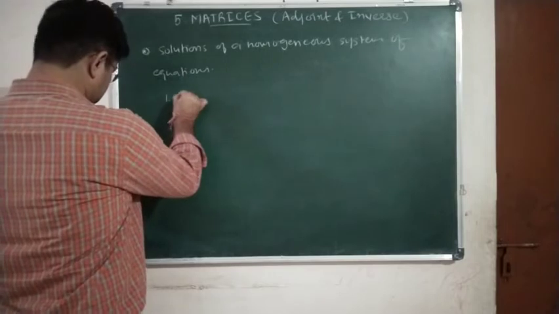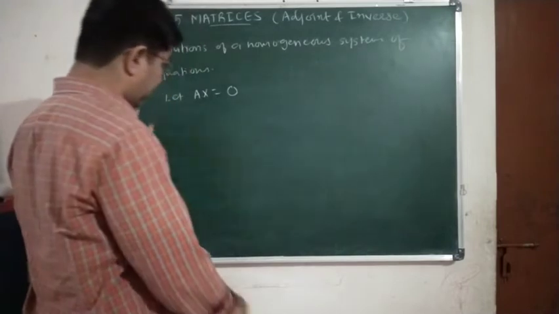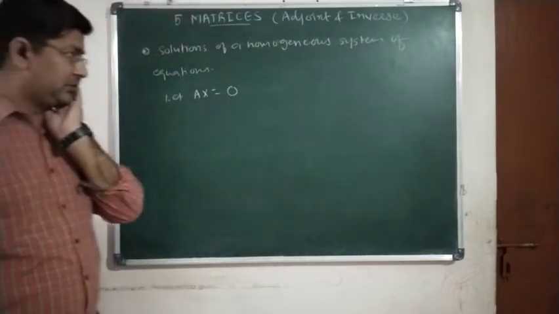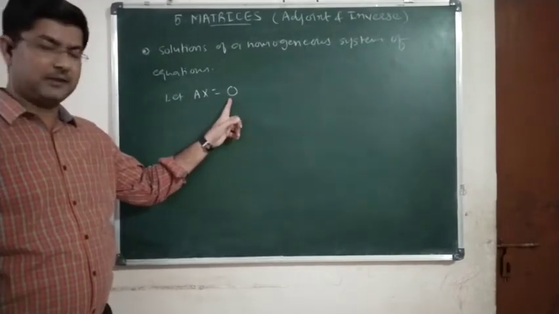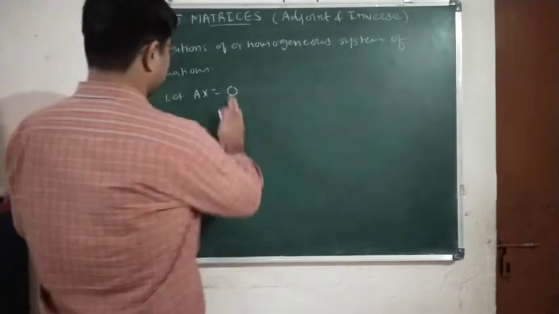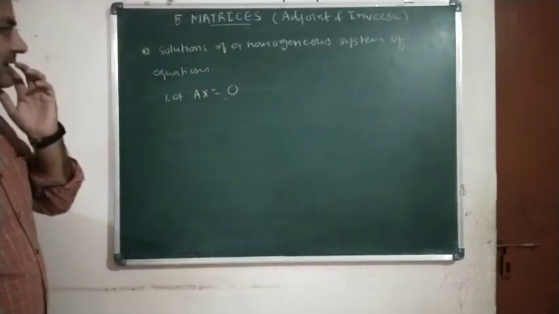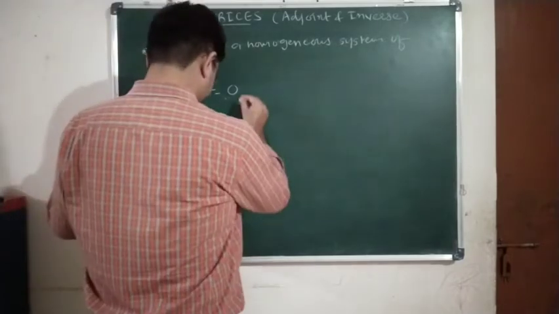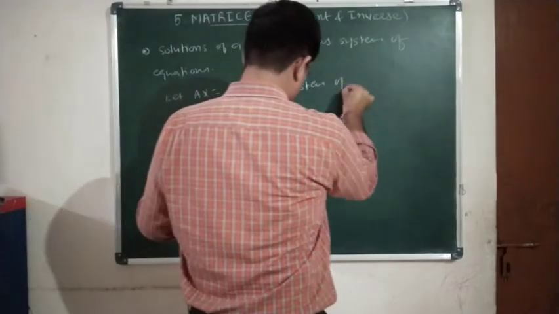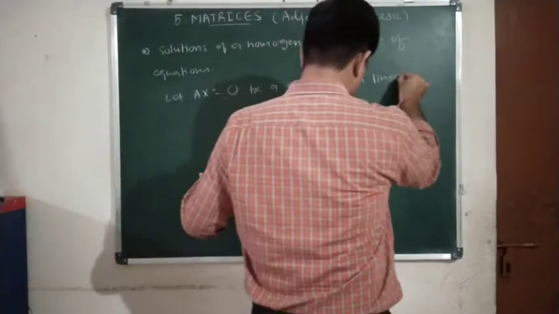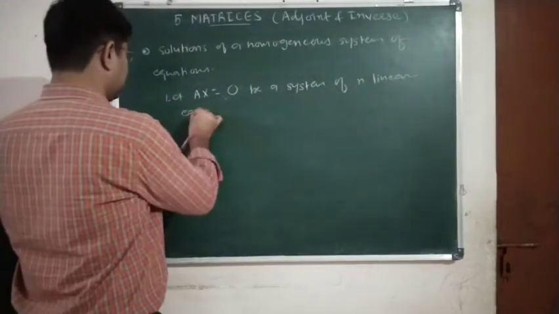Let Ax = O. Obviously, because in a homogeneous system we know that the matrix on the right hand side, B, is a null matrix, so I will write O. Ax = O. Clear? A system of n linear equations.